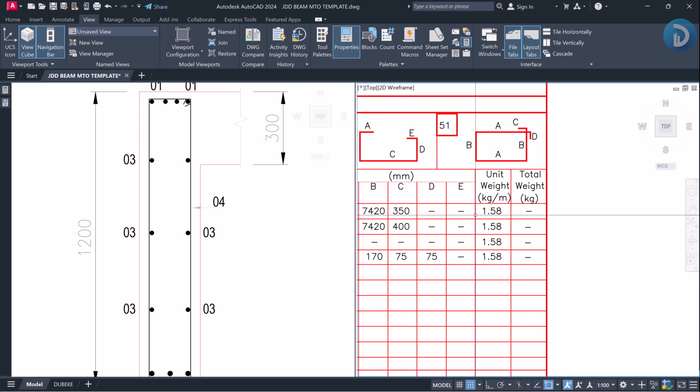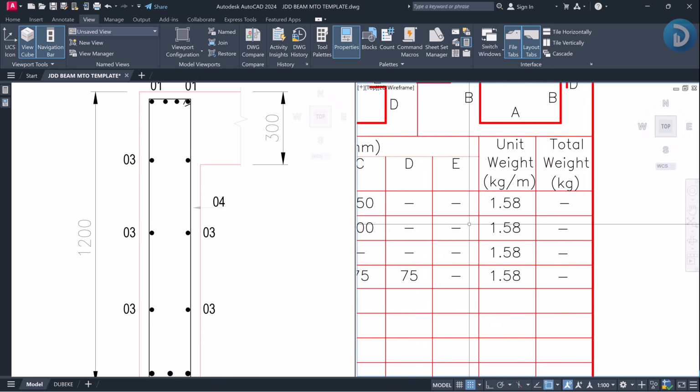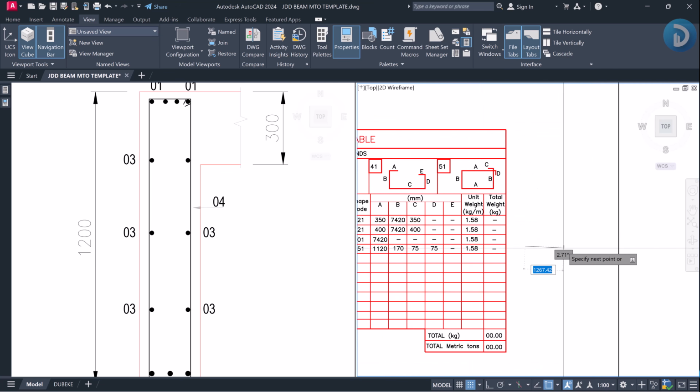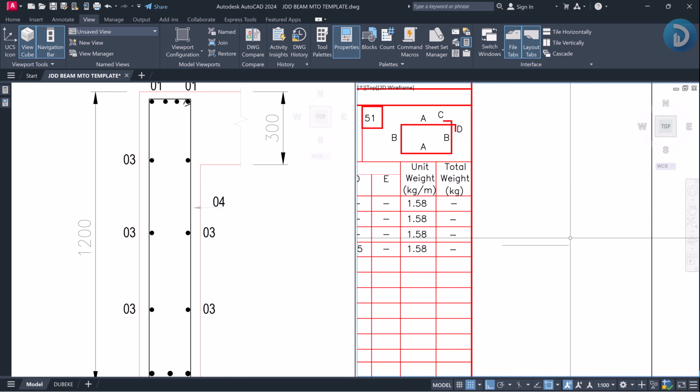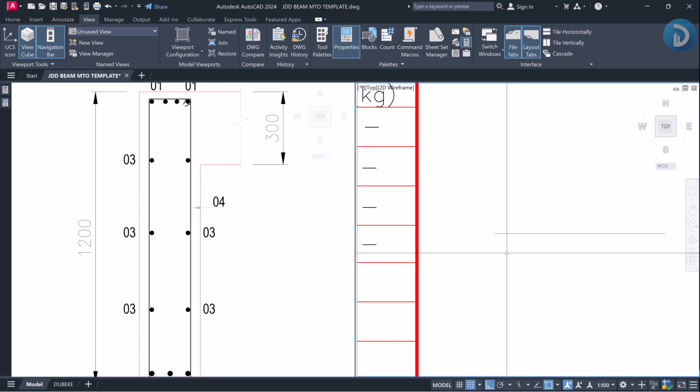So for the unit weight, it is the unit weight of each of these reinforcements per meter. As said earlier, our reinforcement is always about 12 meters, and if we cut 1 meter out of it, there is a specific weight we should get for each diameter 16 reinforcement. If we also cut 1 meter from a diameter 20 reinforcement, there is a specific weight we should get.